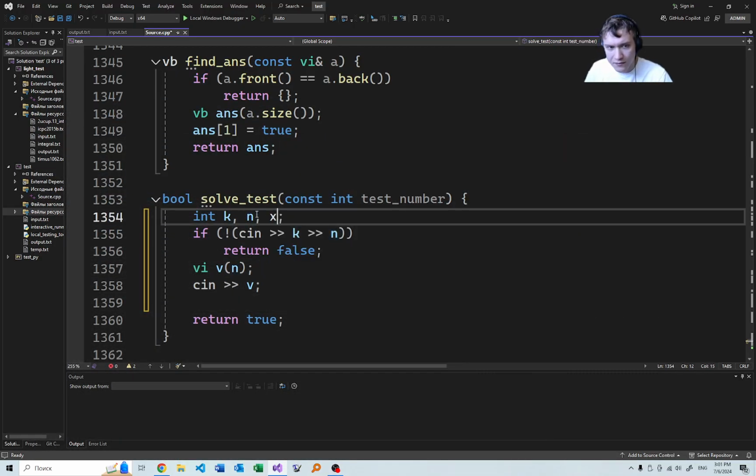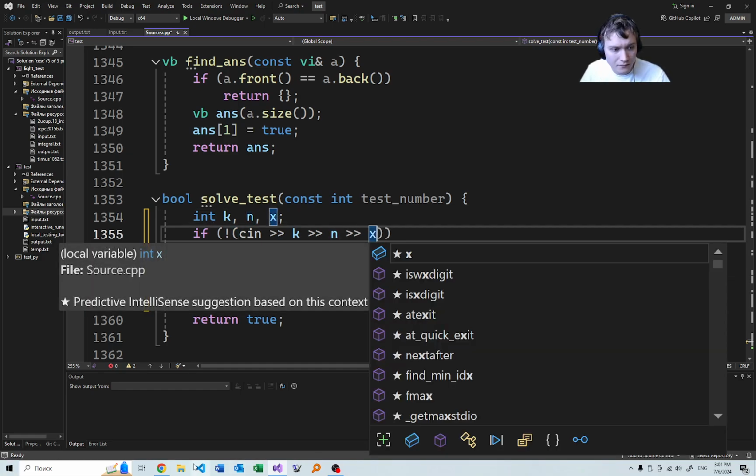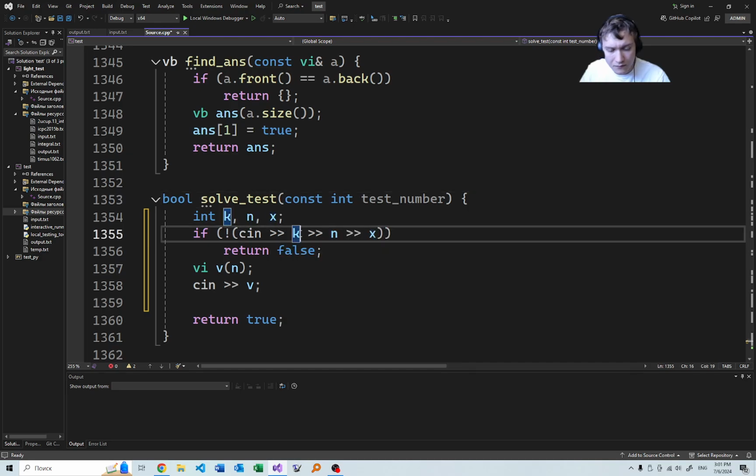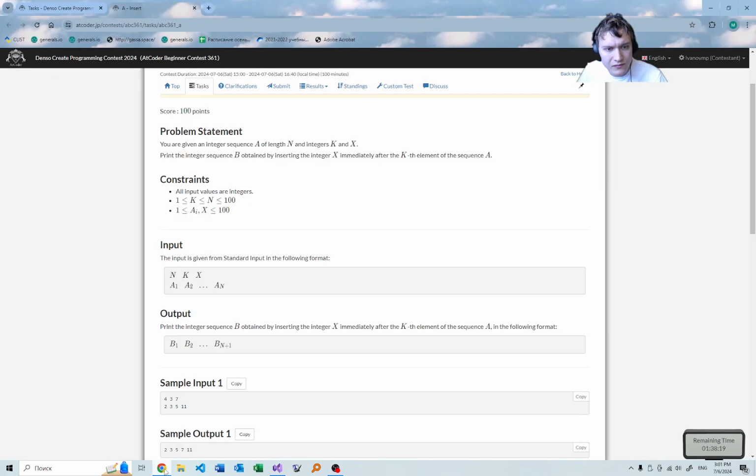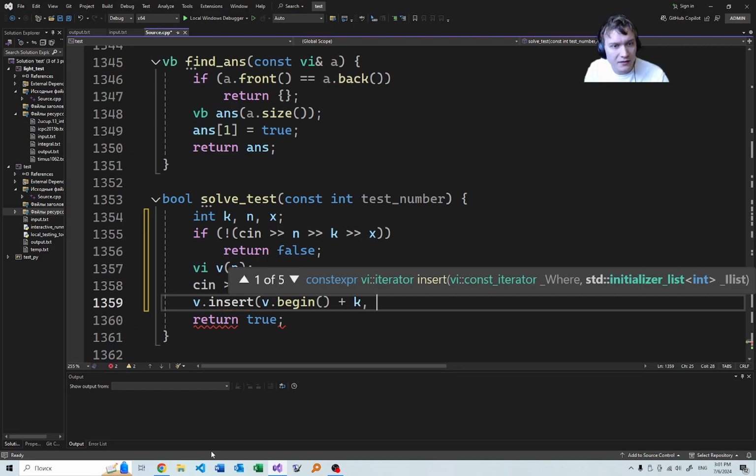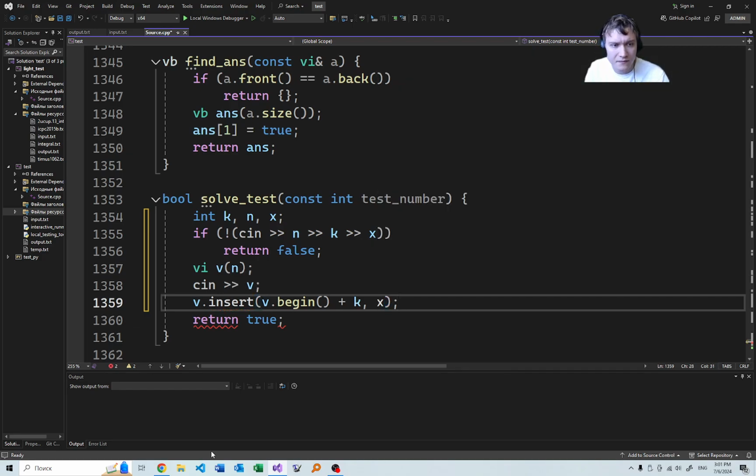Ah, X as well. Sorry. So I need to insert immediately after the Kth element. So it's like K, and then I need to write what I want to insert, X.